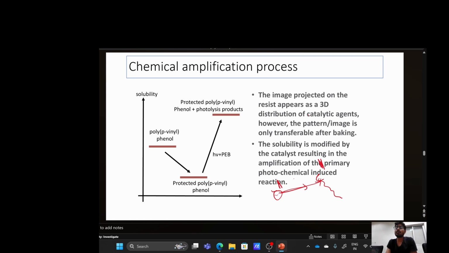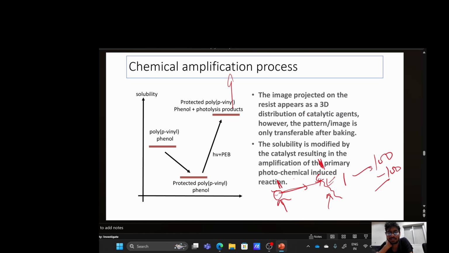So it will take a lot of photons, a lot of energy, to do the job. To make it amplification, one photon can break hundreds or thousands of chains. So it will require less energy, and that can be done with the chemical amplification process.